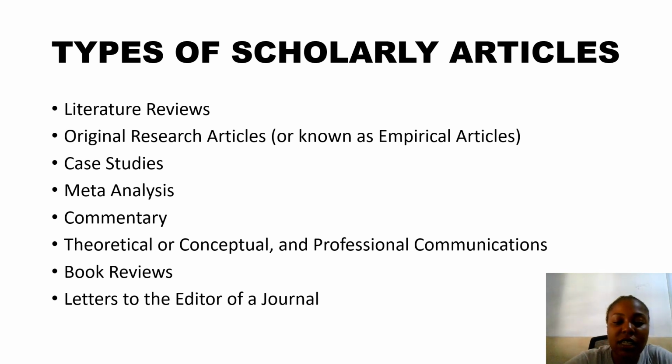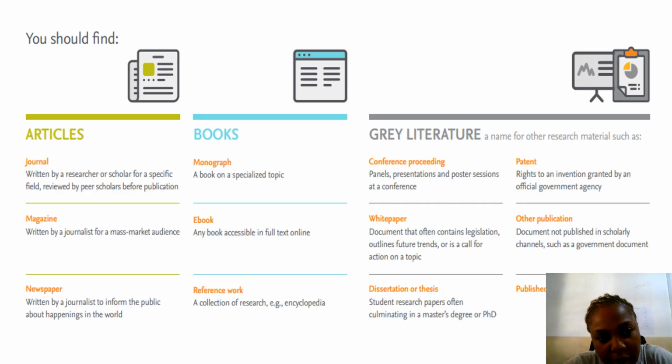We have letters to the editor of the journal. Then you can find articles, books, like I said, articles from journals, magazines, newspapers, monograph books, e-books, reference work, encyclopedia. And then we also have some type of literature called grey literature.